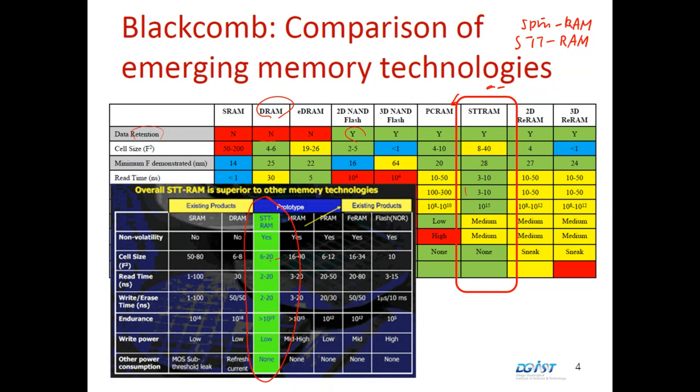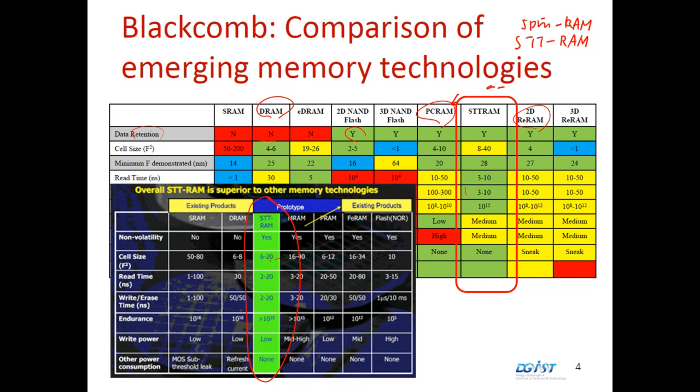Every people who is working on the future memory, there are many kinds of memory like PCRAM, RRAM, and there are many new technologies. They always have such tables, and they emphasize their technology is good enough. So this is a very optimistic case.